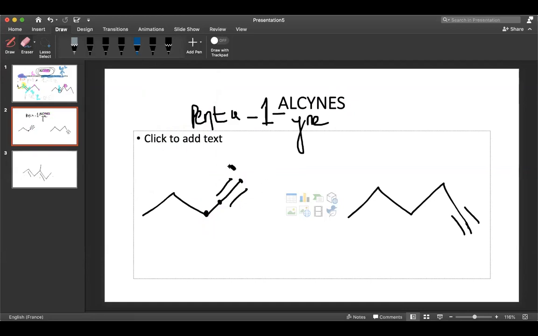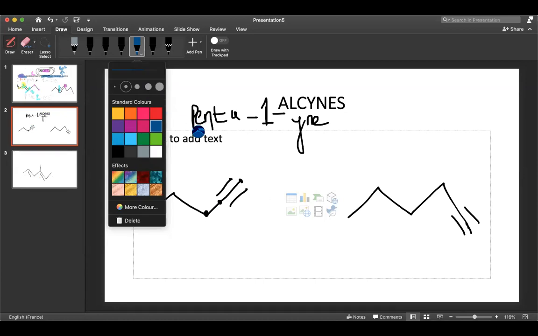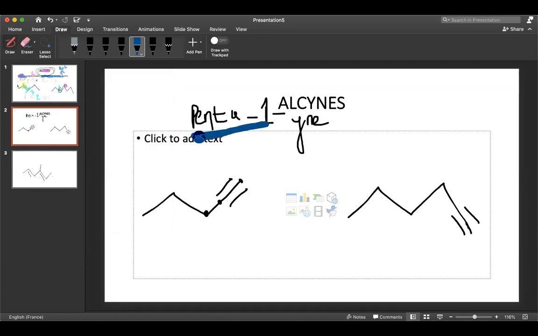Now it becomes penta for the prefix, the position is number 1, then the suffix is YNE.